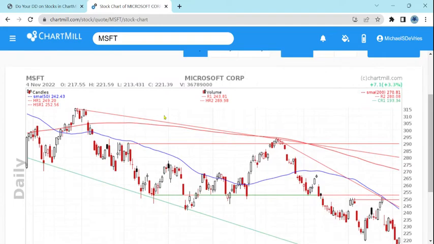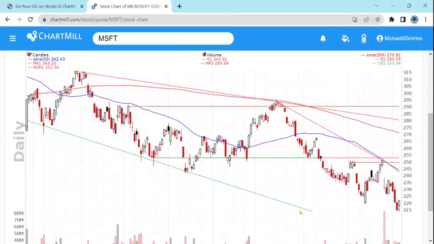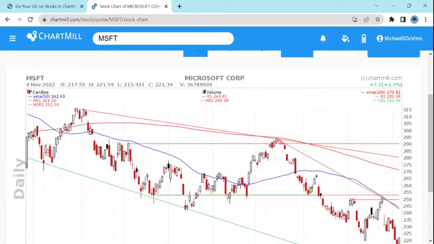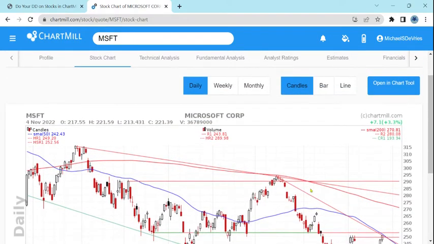We see the 20 or the 50 period moving average, where that stock sits relative to that. Where does it sit relative to its 200 period moving average? Where does it sit relative to various support and resistance levels, trend lines, etc.? So it's a really great tool for looking at the technical analysis, the current stock chart of a particular stock in ChartMill.